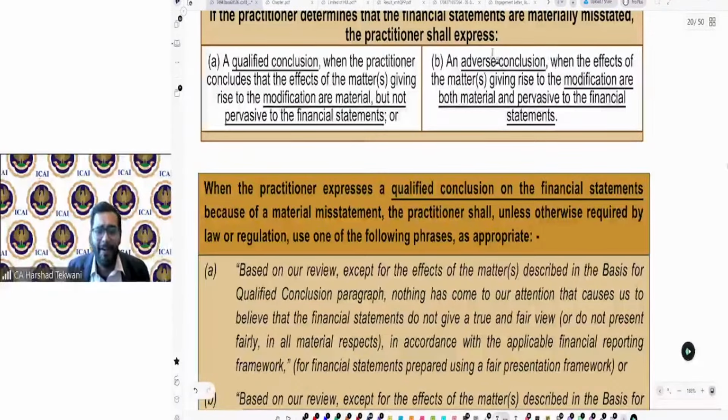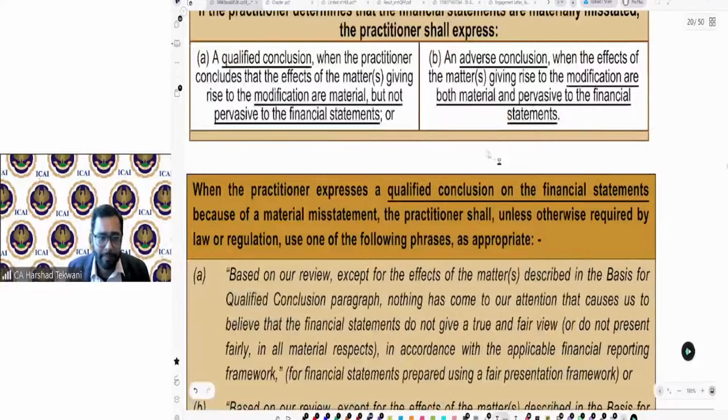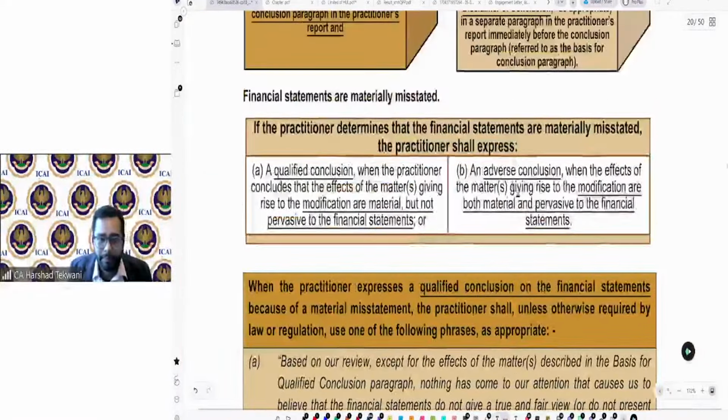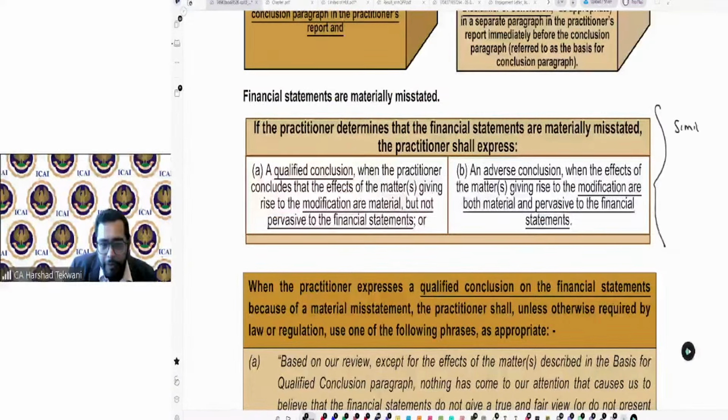In the same way we have SA 705, similar to SA 705 on deciding the type of modification.